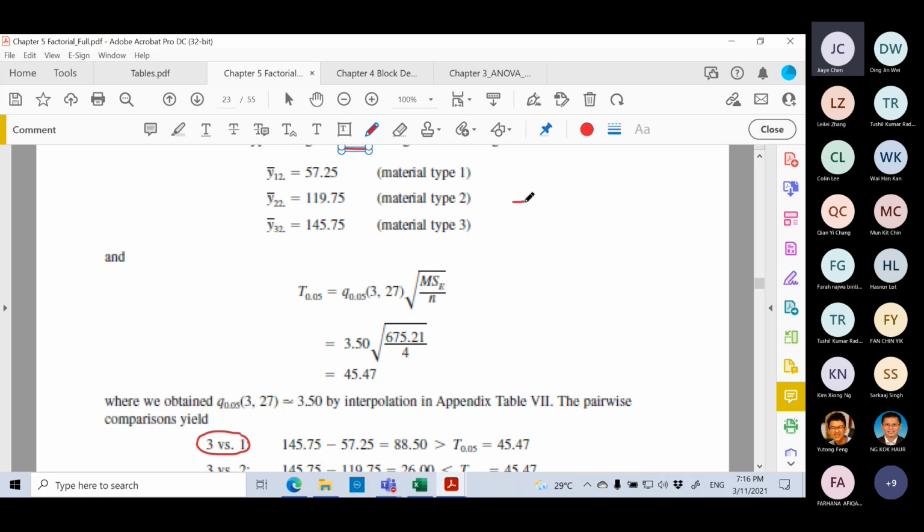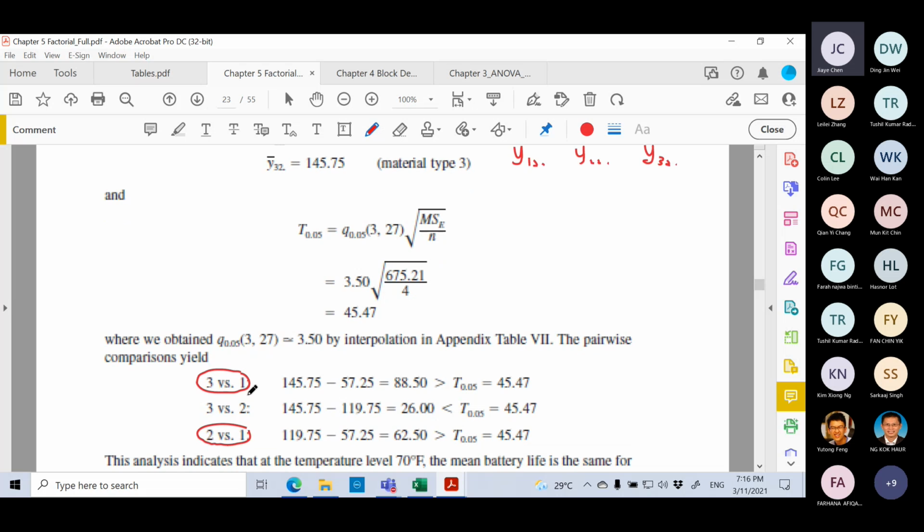So if you observe the means here, you have the first mean, 1, 2, the second one is 2, 2, and the third one is 3, 2. Okay, so you have 3 means here, which I ordered. We can see that for 1 and 3 there is a significant difference because 1 and 57 are quite hugely different.